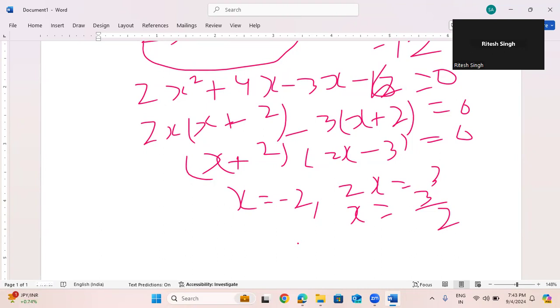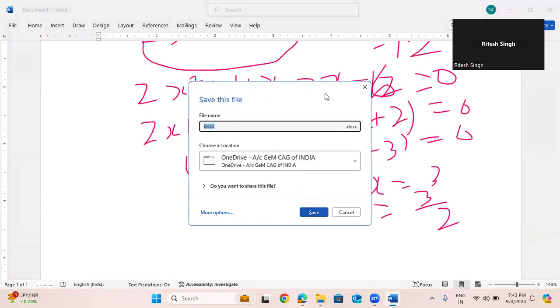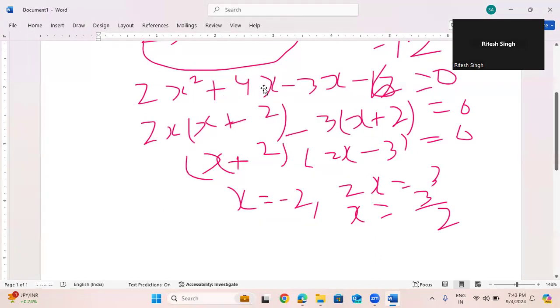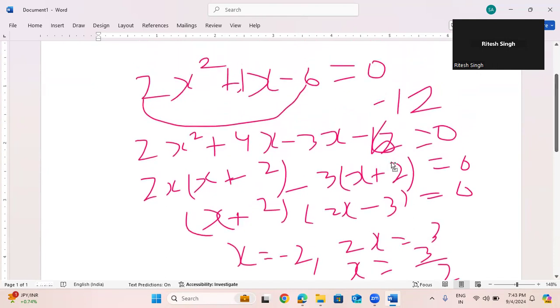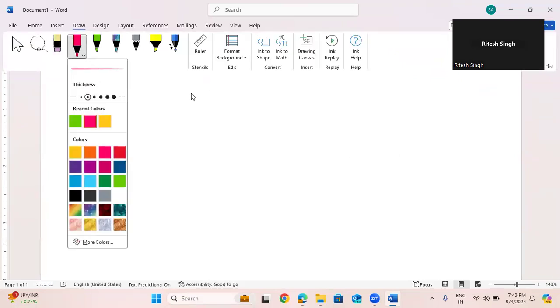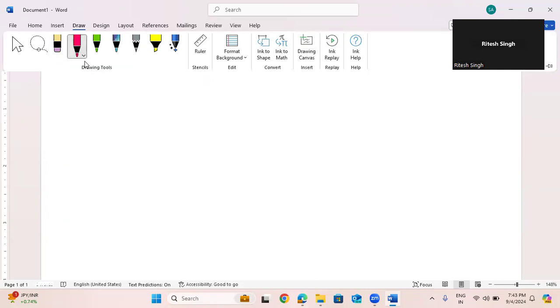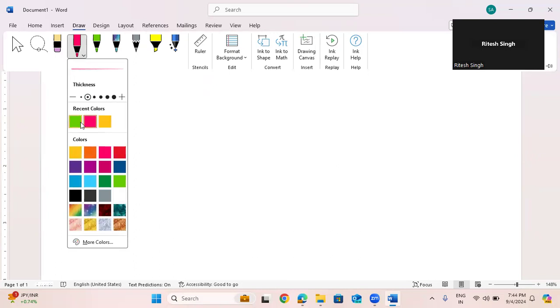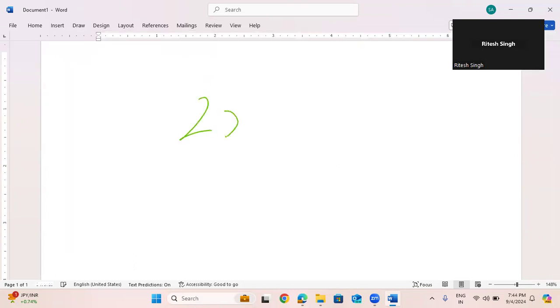One thing I will tell you more clearly. How do we get this? How do I know this will be 4 and 3? For that, there is a method I will explain to you. See, what was the question? The question was 2x square plus x minus 6 is equal to 0.